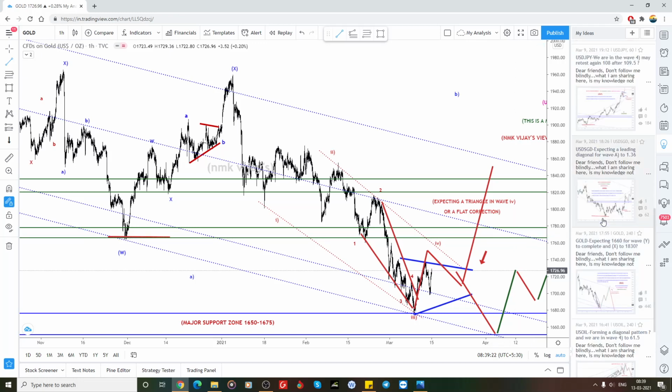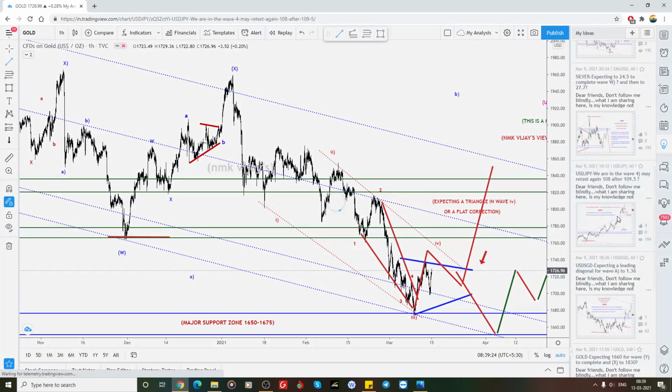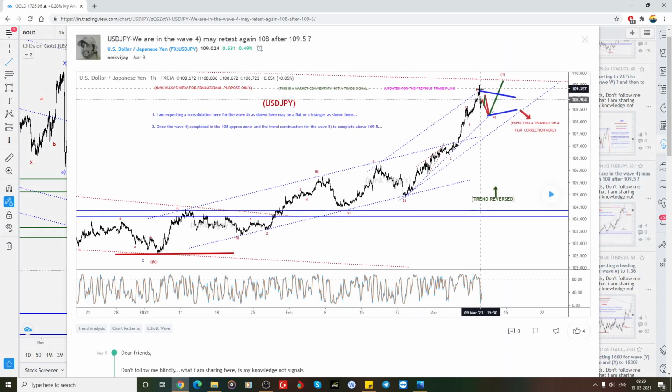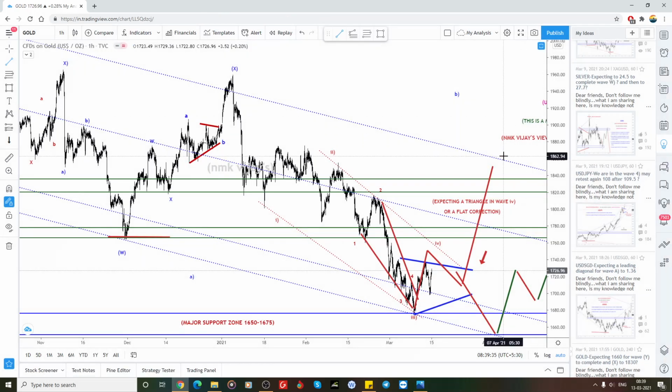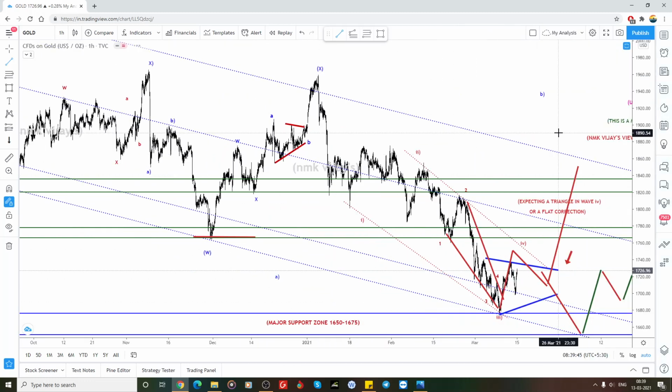It looks like a triangle. In this category, if it breaks this high and goes for the high of 110 or 110.5, this could make a triangle, and then one more low to that 1660, and then it could complete as an A wave as I expected here.